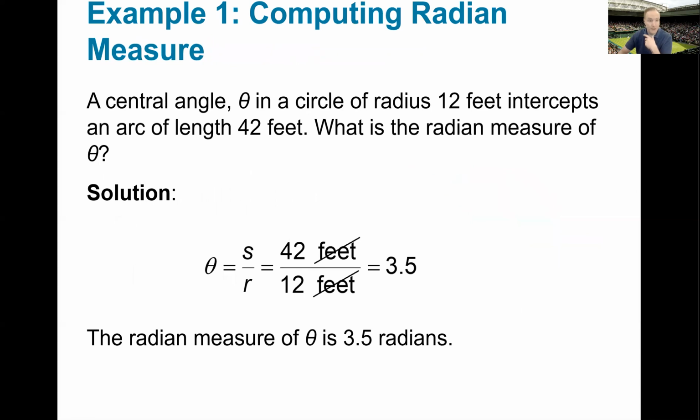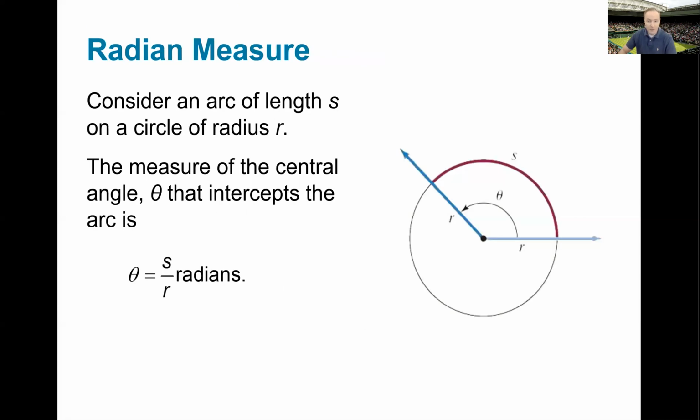Now, if I go to the next page, first example, it says computing radian measure of an angle. A central angle theta in a circle of radius 12 feet intercepts an arc of length 42 feet. What is the radian measure of theta? So imagine that the distance on the surface of the circle is 42 and your r value is 12.